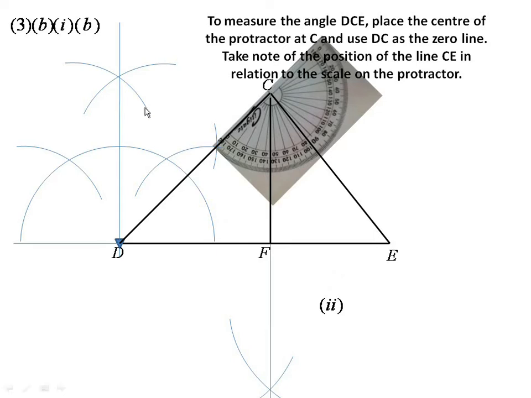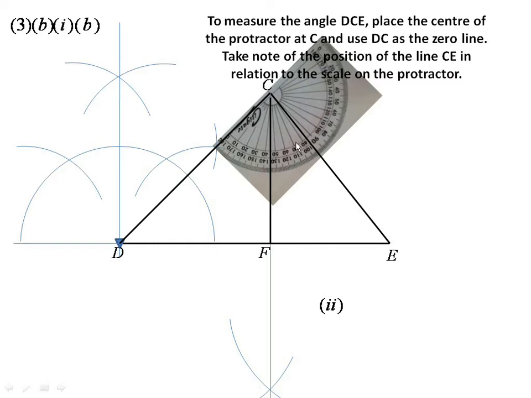We take note of where this line intersects the scale. So we are taking a look at where the line CE is tipping on the scale right here.